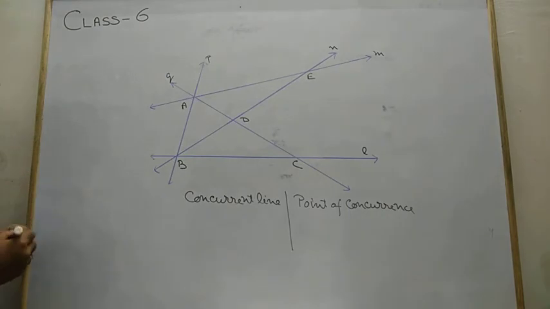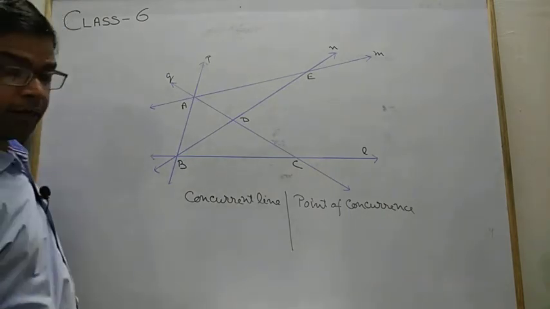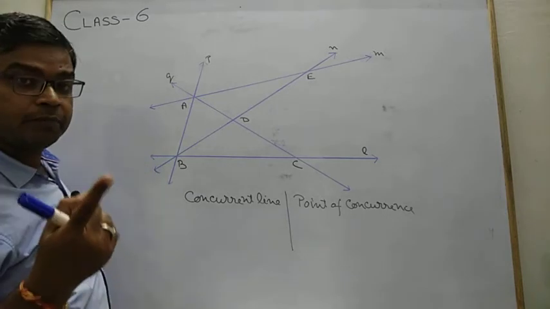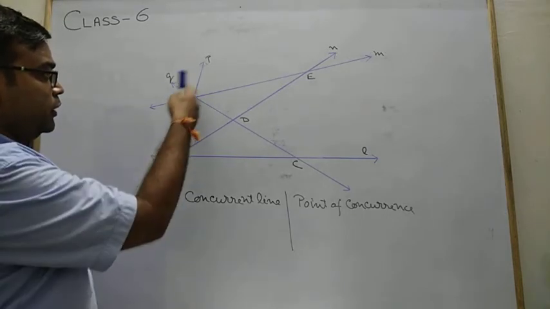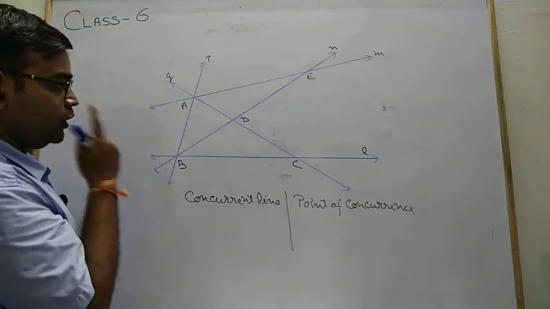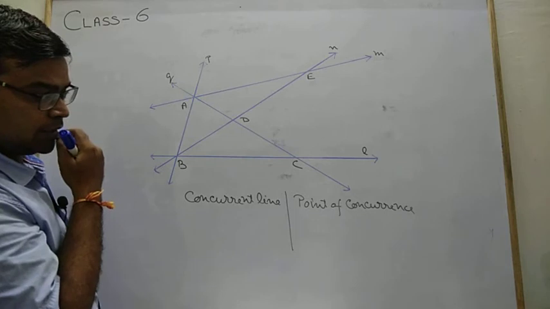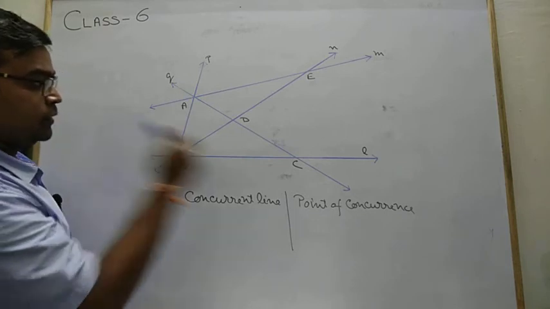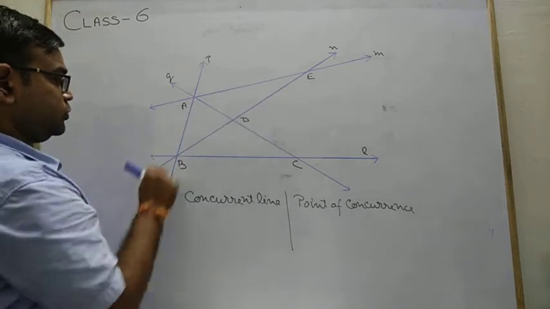They give the heading. Now, what are concurrent lines? 3 or more lines can pass through the same point. So choose such types of points. There is only this one and this one. There are 2 points where 3 or more lines can pass. Only these 2 points are there.